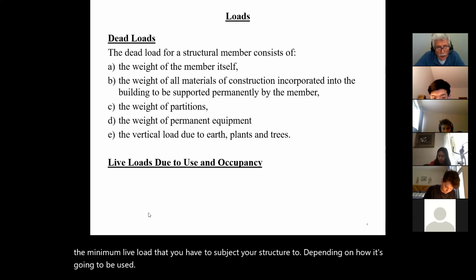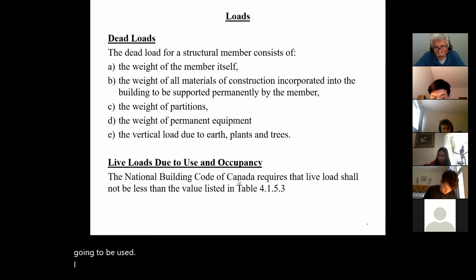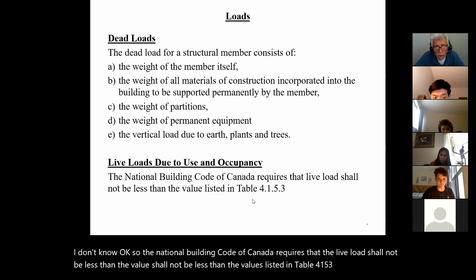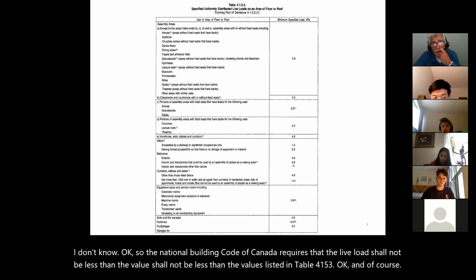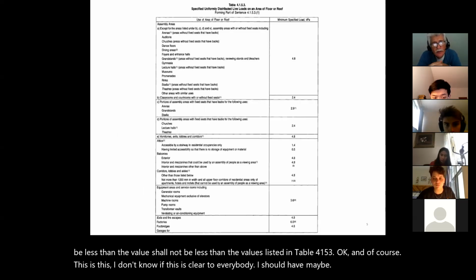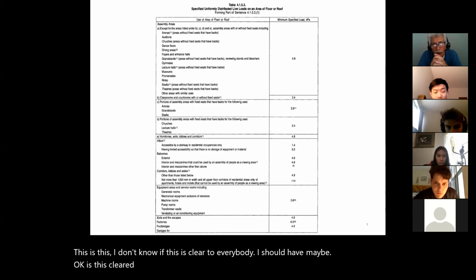The National Building Code of Canada requires that the live load shall not be less than the values listed in table 4.1.5.3. I don't know if this is clear to everybody. Is this clear to everybody, or is it hard to read?